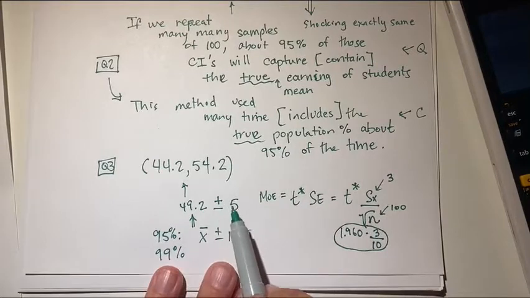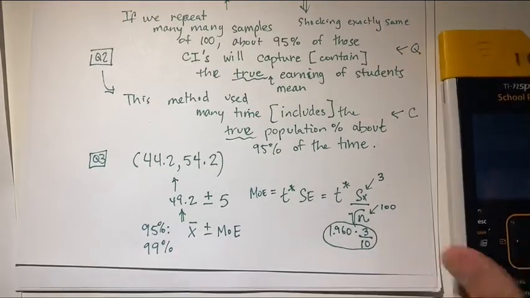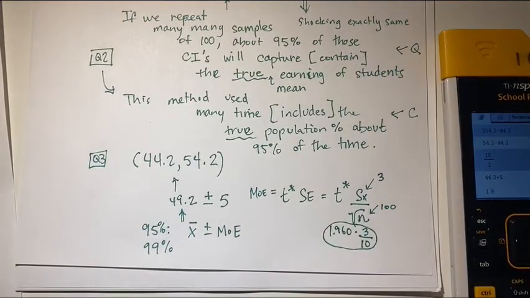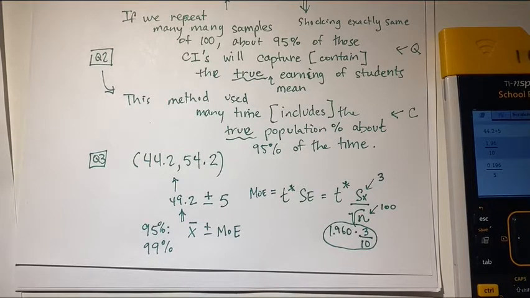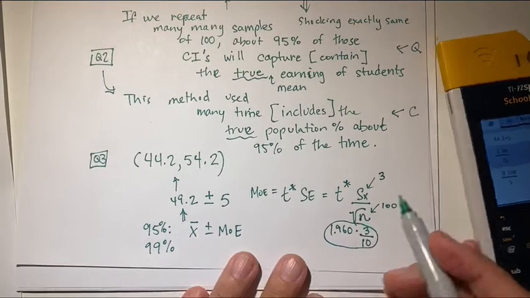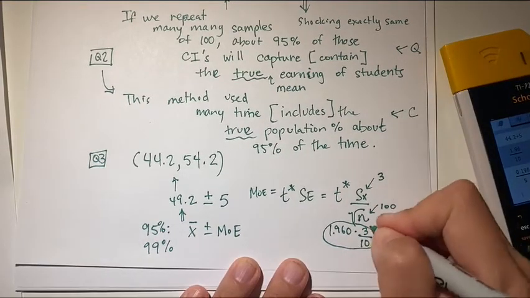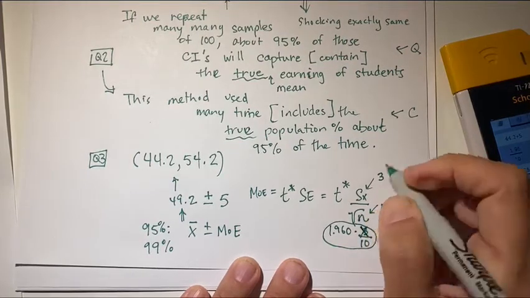Now it's not going to be 5 because I changed these numbers, but let's say I leave the standard error as a variable, s of x.